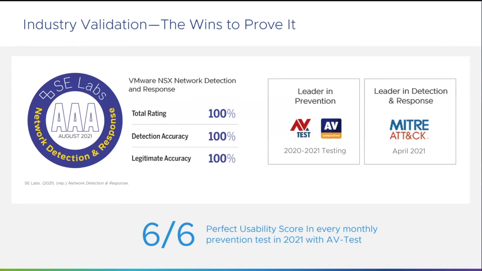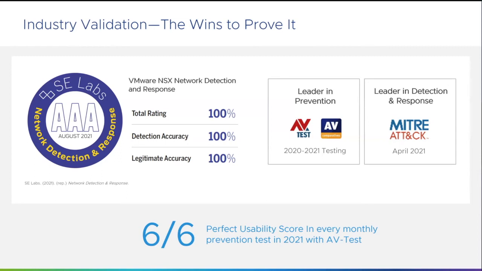We tested NSX NDR against the top threats from the MITRE evaluations, and we scored 100% on network visibility with 0 false positives. So it's very important. And we're combining those capabilities with the already very strong capabilities we have in the Carbon Black Cloud.